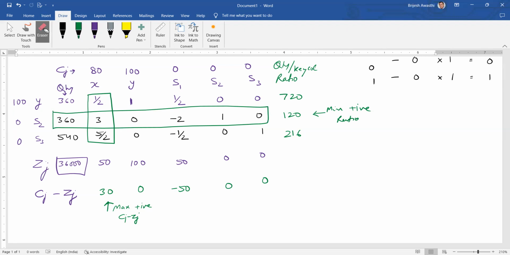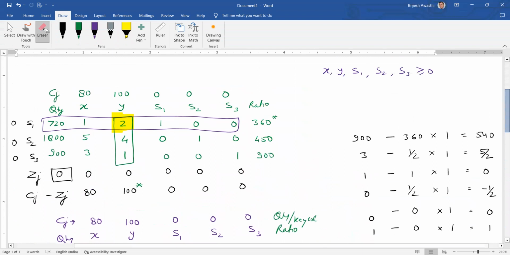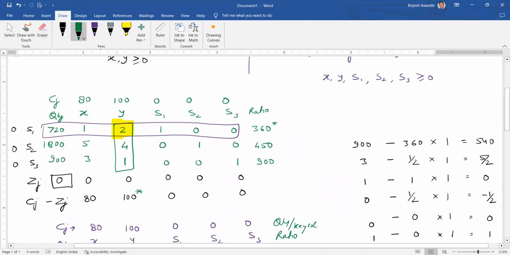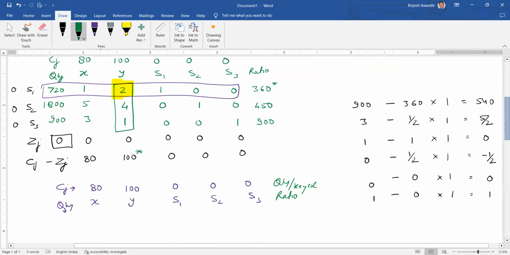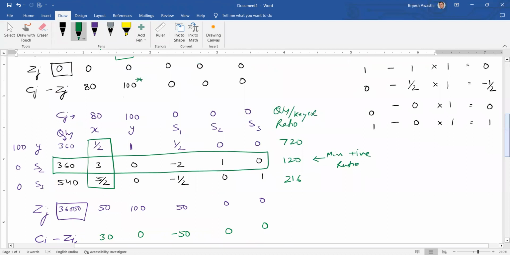Now I'm making simplex table number 3. It was my table number 1, then I made another table, simplex table number 2.